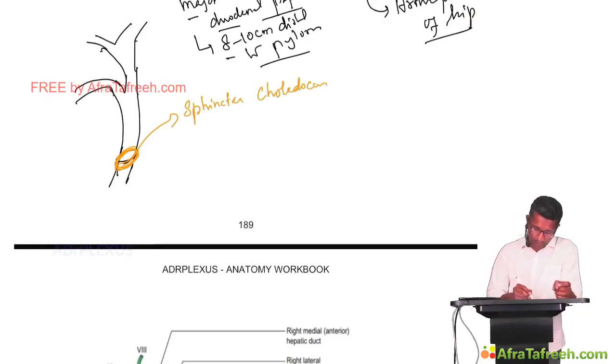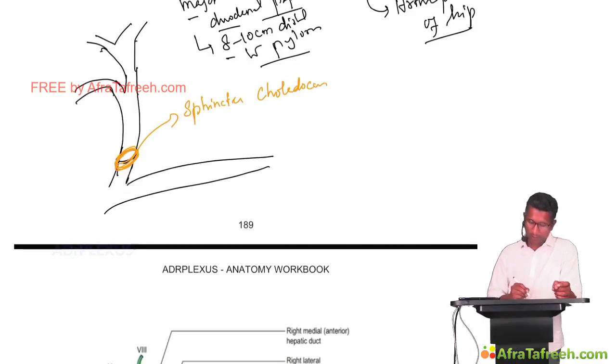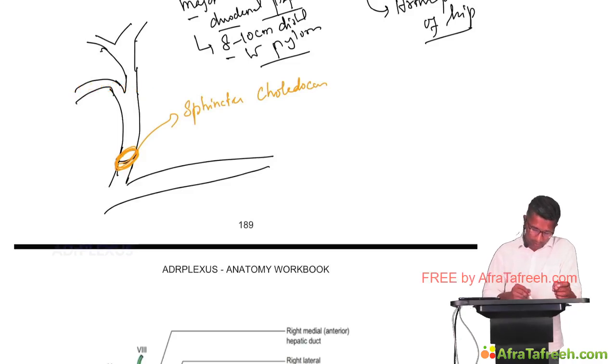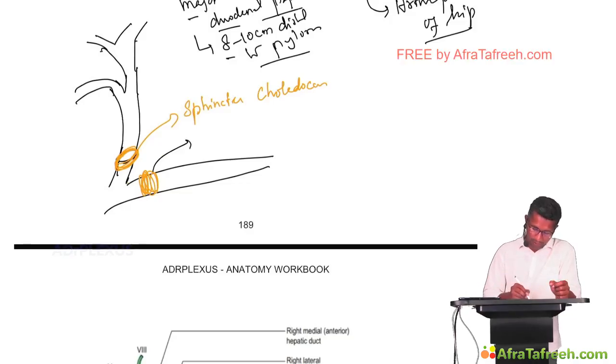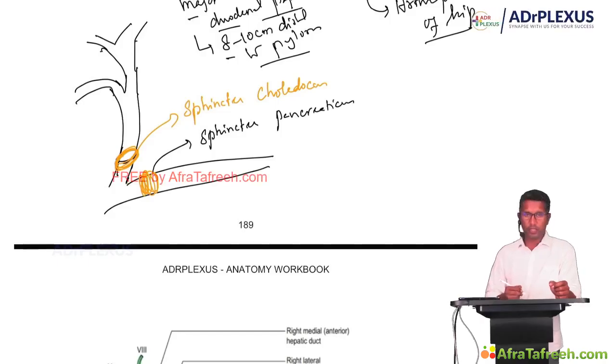And you see the main bile duct is fusing with the pancreatic duct here, and this main pancreatic duct is surrounded by a valve, or a sphincter, here. This sphincter surrounding the main pancreatic duct is called the sphincter pancreaticus.